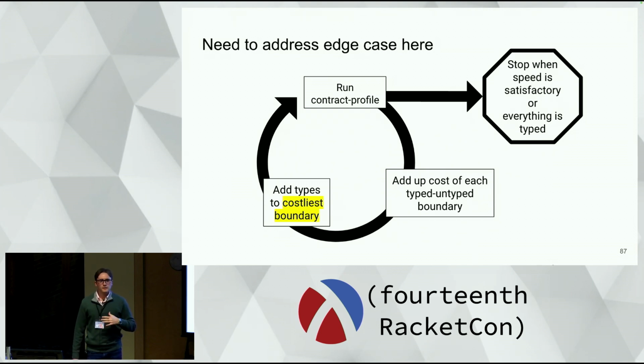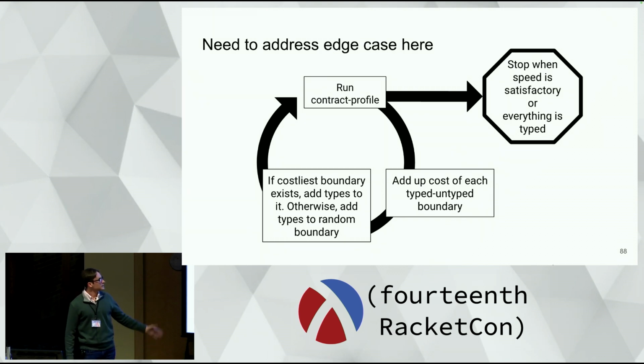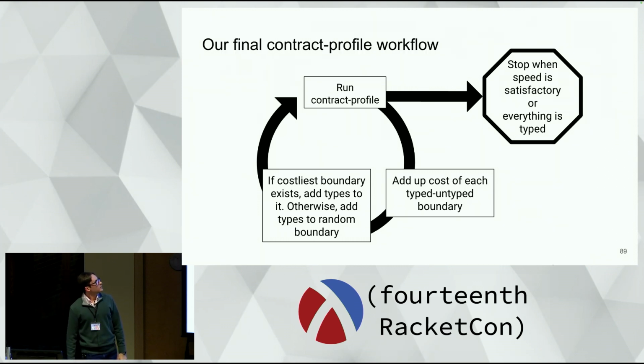In that case, for the sake of the experiment, I'm going to consider everything in a library as the outside world. So in this case, where this is the only boundary that's identified, it's not really something we can take action on, because we may not even have a typed version of that library that we can just wave our magic wand on. So I'm going to say that if such a boundary exists, add types to it. Otherwise, we'll just pick a random boundary that's inside our program and add types to it.